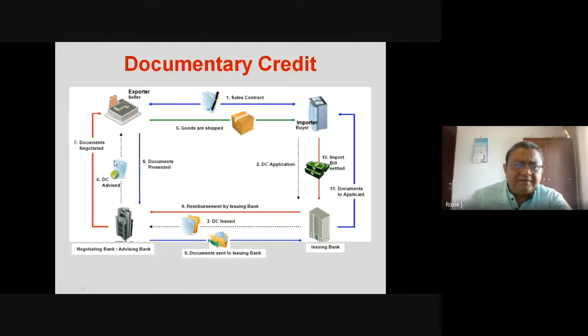He tells the importer: you tell your bank, ABC Bank in Sri Lanka, to speak to our bank, HSBC, and say that they are giving a guarantee to me.